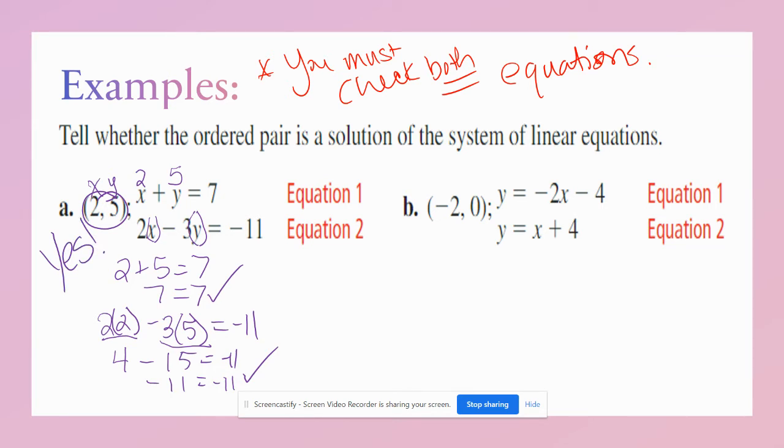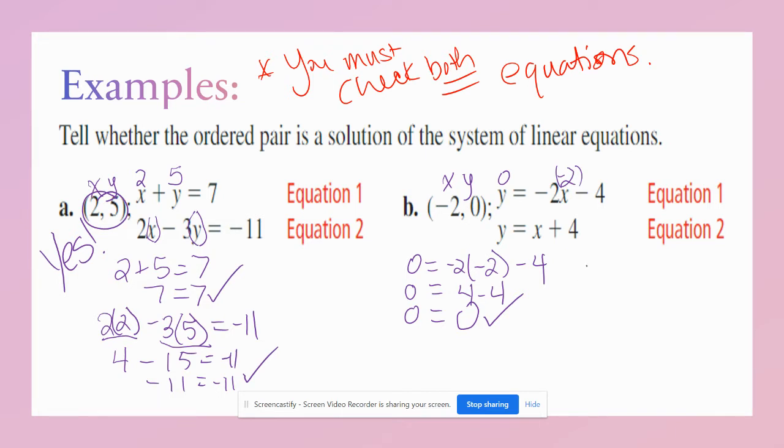For letter B, again, we have x and y. So we're plugging in 0 for y and negative 2 for x. 0 equals negative 2 times negative 2 minus 4. Negative 2 times negative 2 is 4. And 4 minus 4 is 0. That works.